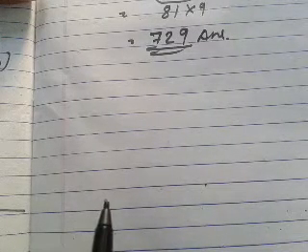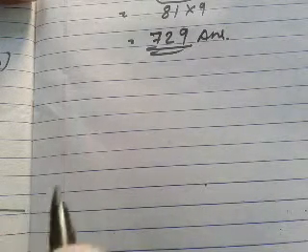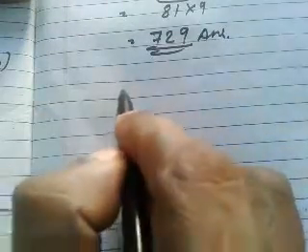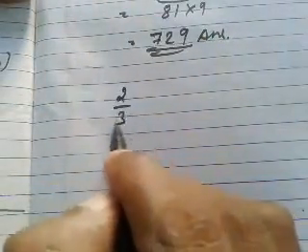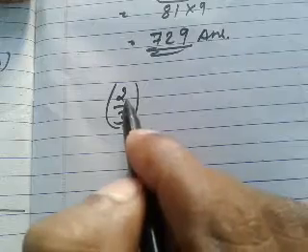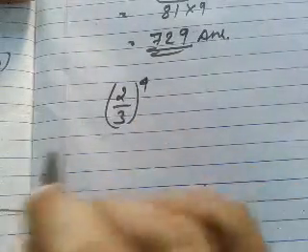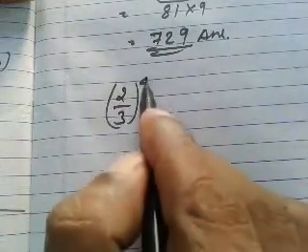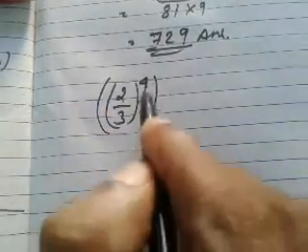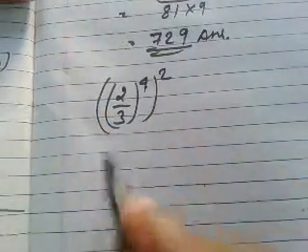Suppose that 2 raised to the power 3 and its power is 2 upon 3 raised to the power 4 and its power is 2.